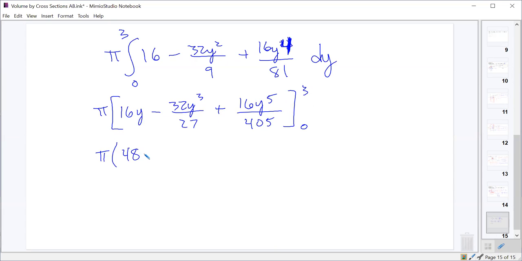That'd be 48. 3 cubed is already 27, so 27 over 27 will cancel. And here, we already had an 81. 3 to the fifth is 81 times 3, so I could have canceled out that 81 with the 81 here. So I should end up with 48 over 5.